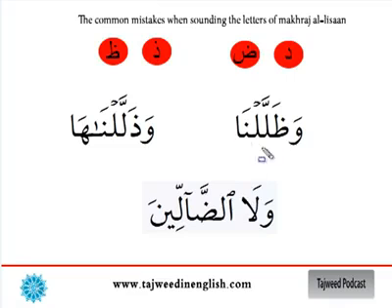So when we read in the Quran, as you can see, وَظَلَّلْنَا in Surah Al-Baqarah, dha is different than ذال. وظللنا عليهم الغمام. وذللنا, if we look at the two words in the Quran, they have similar letters up to here. When you count them and look at them, this alif is the same as this alif.